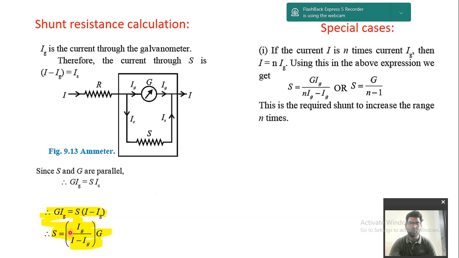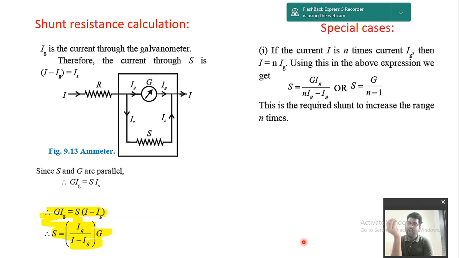Then I can simply put the value: G into Ig equals S into (N Ig minus Ig), Ig will cancel out, so S equals G upon N minus 1.